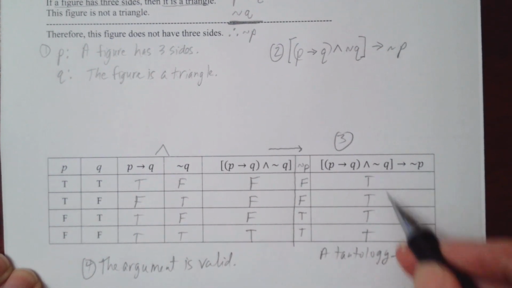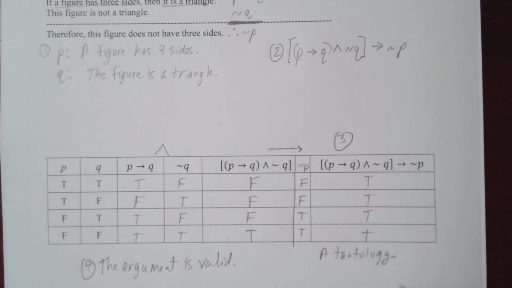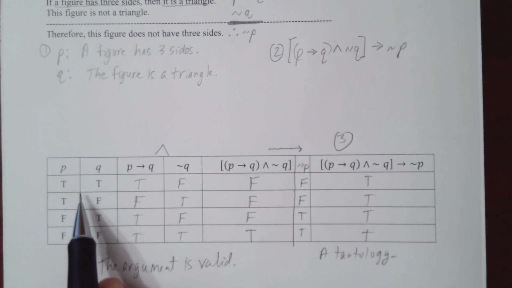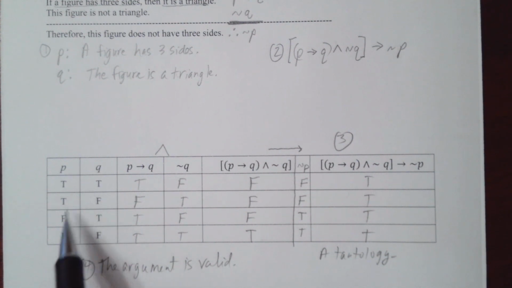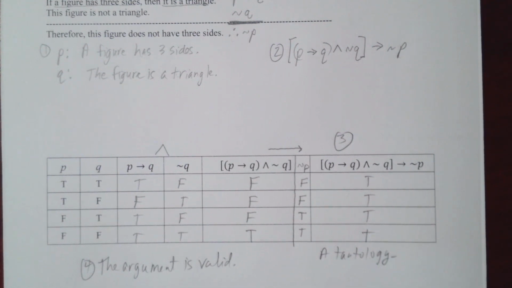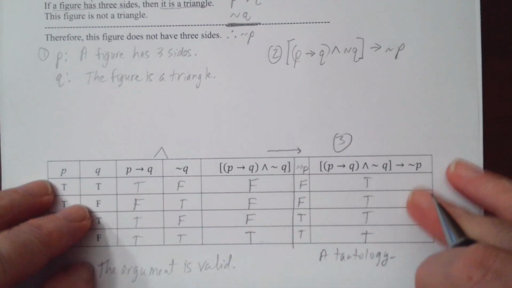And that's because we got a tautology here, all trues. So it doesn't matter if P is true or false, P and Q, it doesn't matter. You have the 4 possibilities here. In every case, this statement will be true. All right, so that's how we do these. Let's move on to the next one.